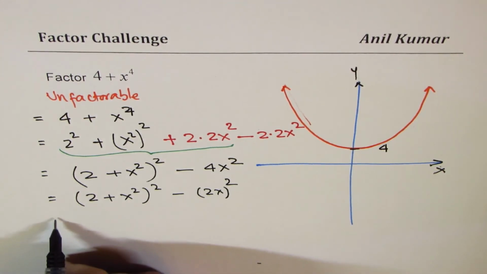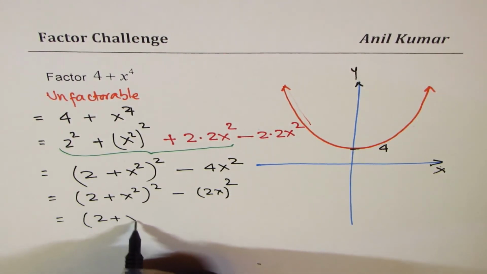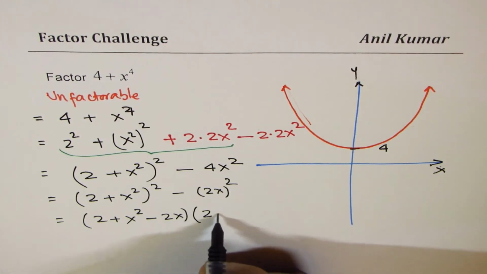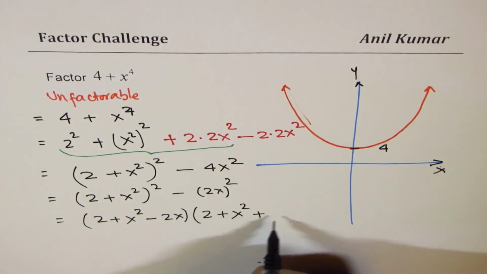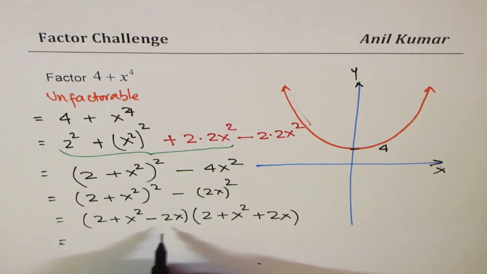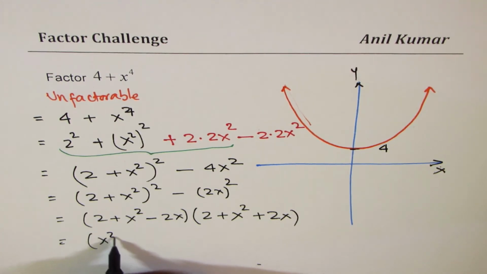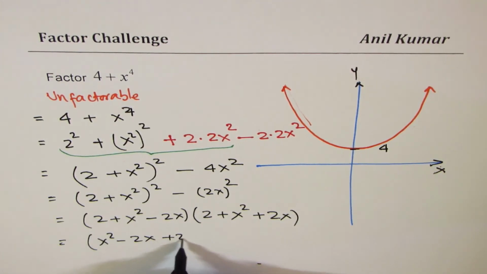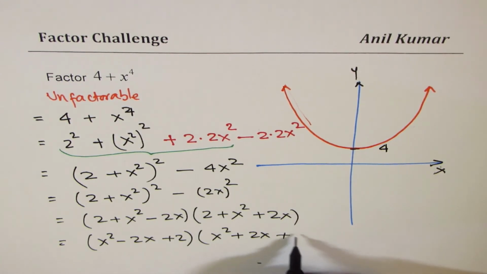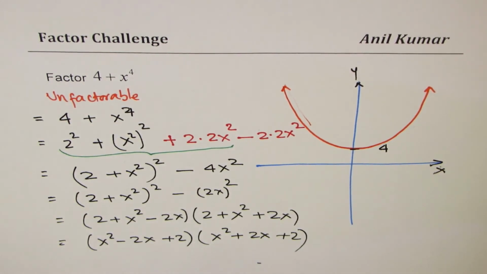And now you can factor. You can write this as 2 plus x square minus 2x times 2 plus x square plus 2x. So finally, you could factor it. You can always rearrange and write this as x square minus 2x plus 2 times x square plus 2x plus 2. That is how you factor unfactorable binomials or trinomials or terms, four terms, right?